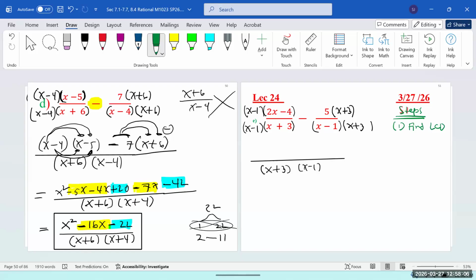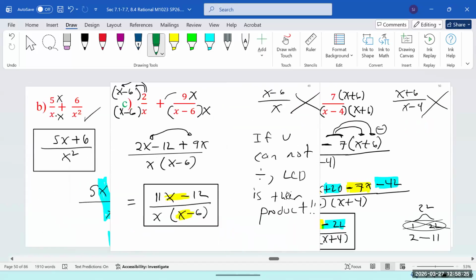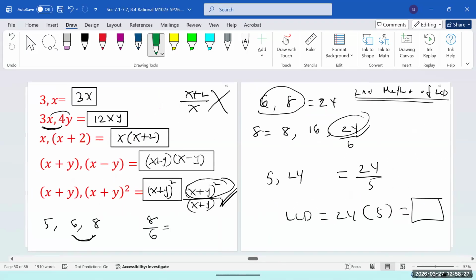You look at the denominator and decide what you want to have in every denominator. The first denominator has x plus 3, the second denominator has x minus 1. How can I write this? Find the LCD. How do you find the LCD? We did many examples in our last class.